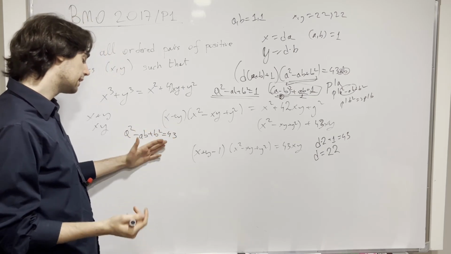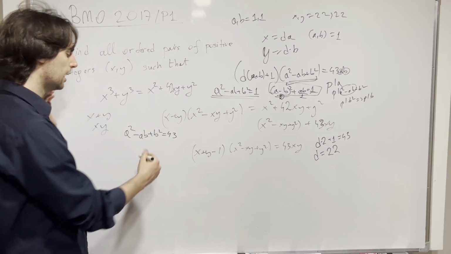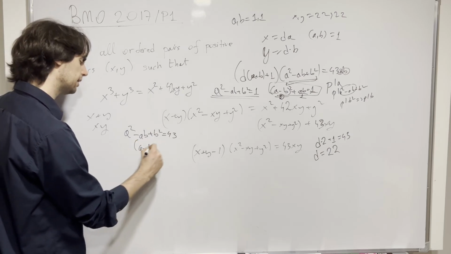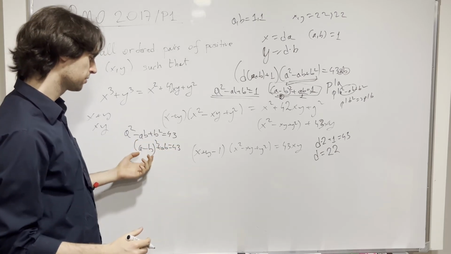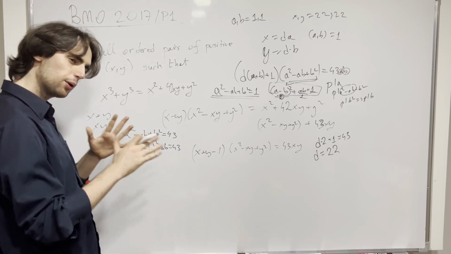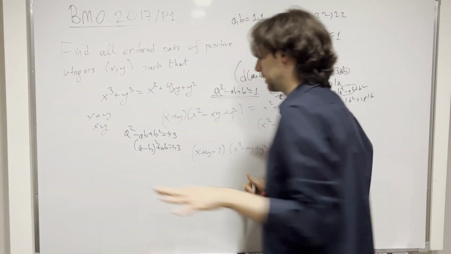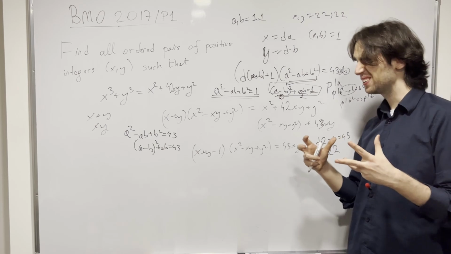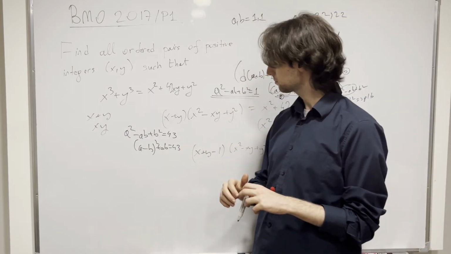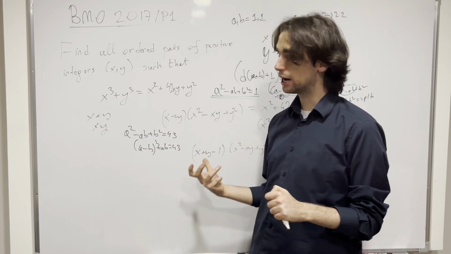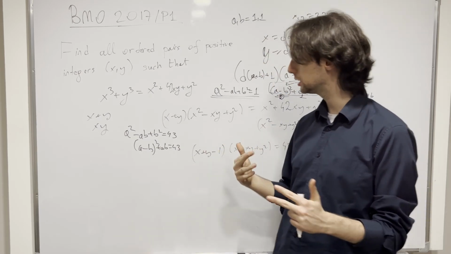And for me, I'm looking at this as, again, a minus b squared plus ab is equal to 43. And I'm thinking maybe I want to look at it this way and see, do I have anything? It's a square, 43. 43 is a prime. It's 1 modulo 3.